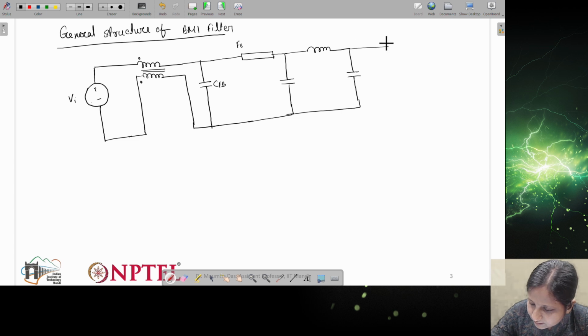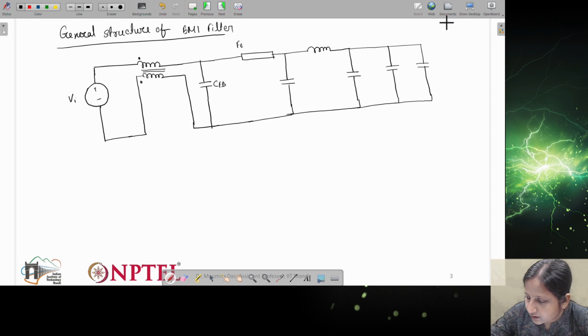And this is one like bulk capacitor will be connected here, C bulk, and then high frequency capacitor will be connected, and then this will be connected to the converter part.